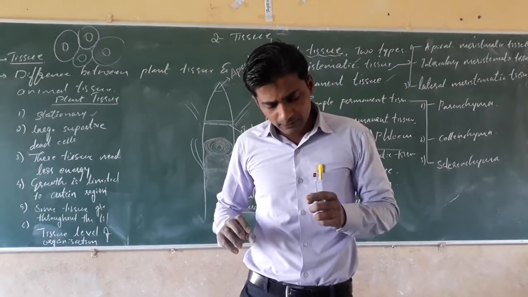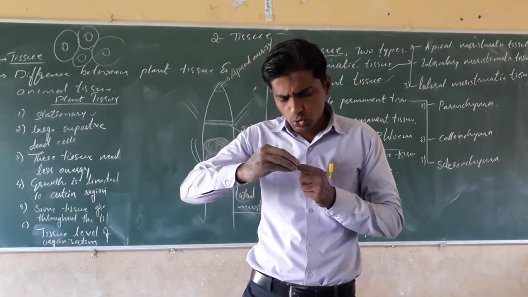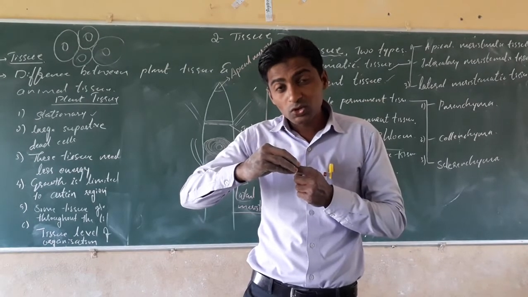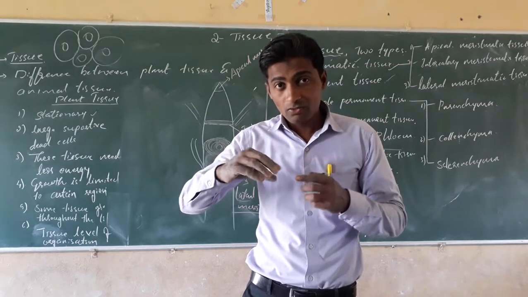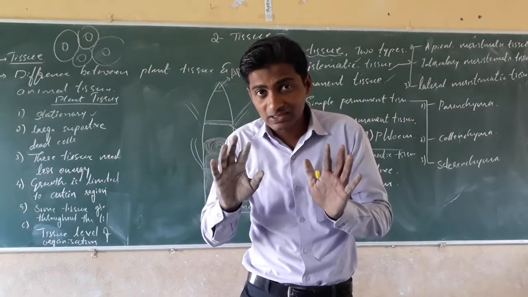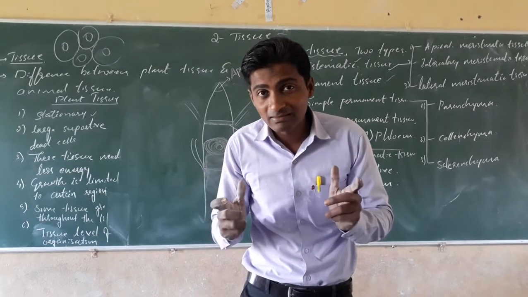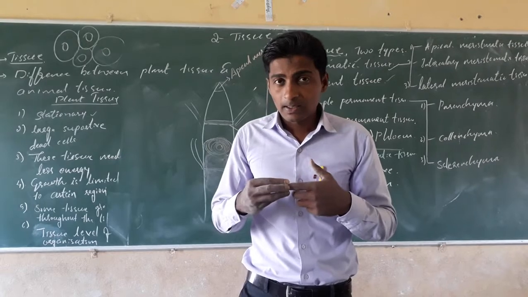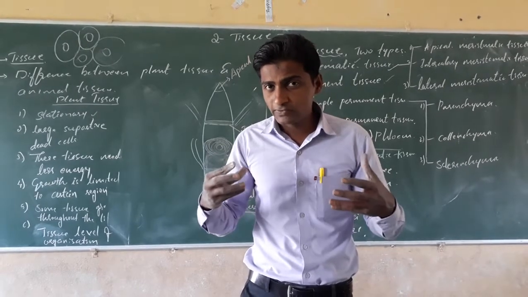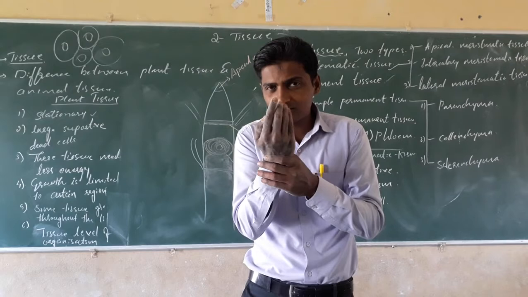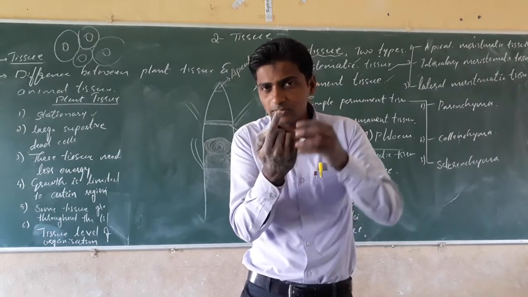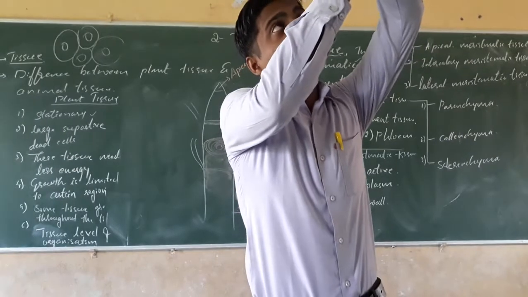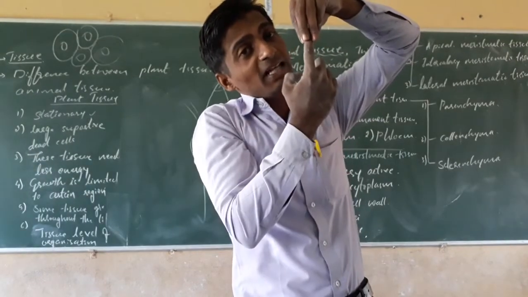When meristematic tissue ages, it becomes hard. Meristematic tissue is a soft one. When the plants are smaller, they are soft, and as they keep growing, the meristematic part is present only at the tip region.